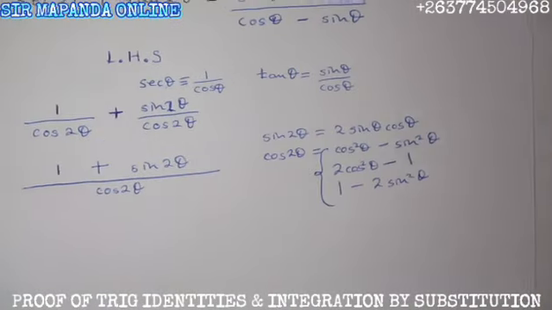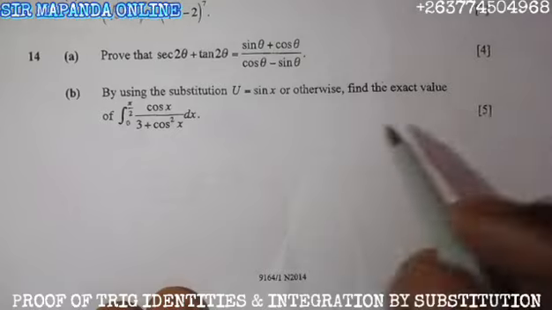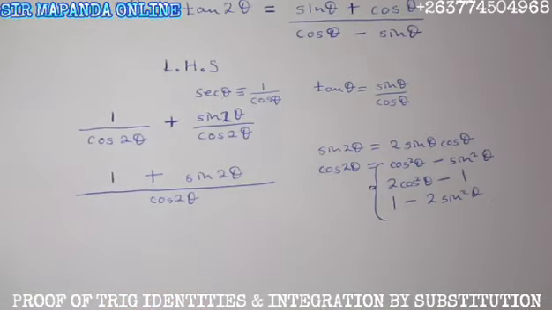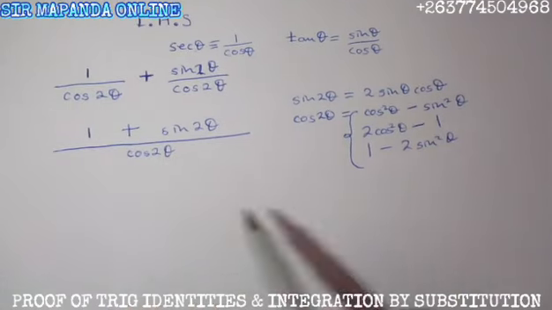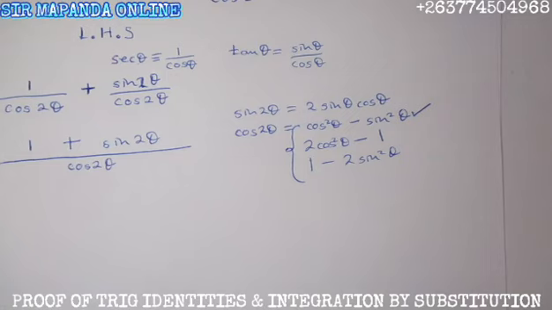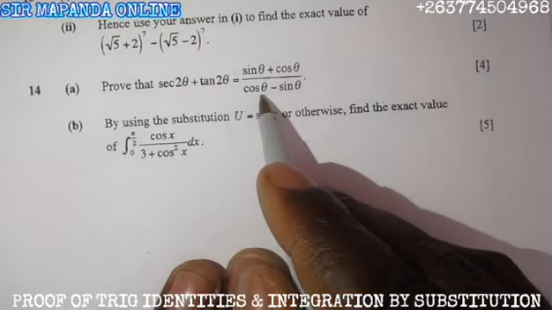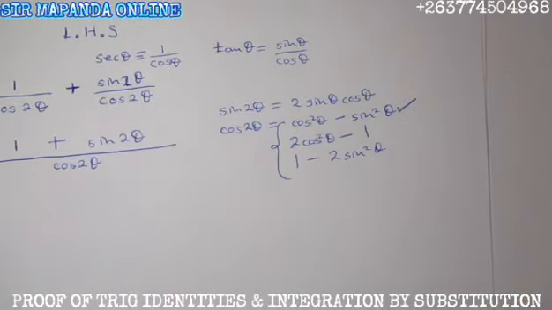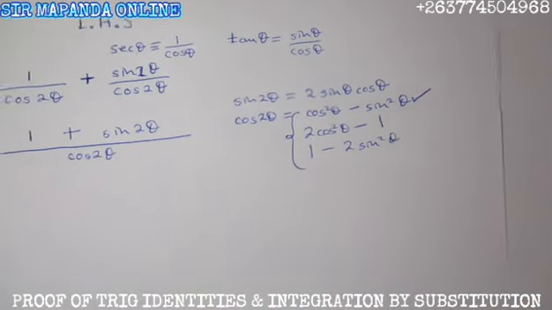So if you look at your question, we need cos θ minus sin θ as our denominator. Hence, for cos 2θ, I'm going to choose the first one, which is cos²θ − sin²θ, since it rhymes with the cos θ − sin θ in our denominator. I hope you are following, class.